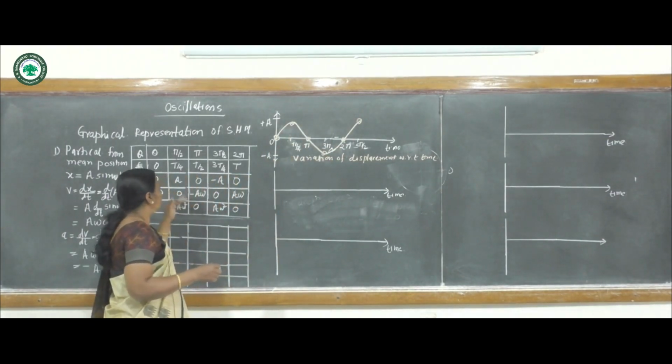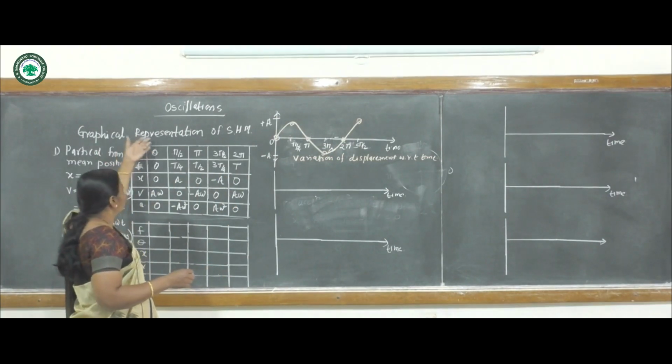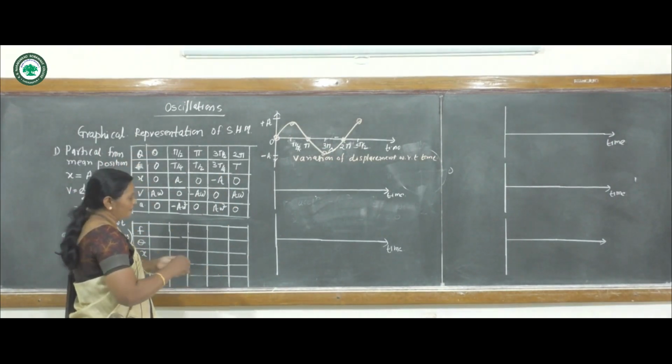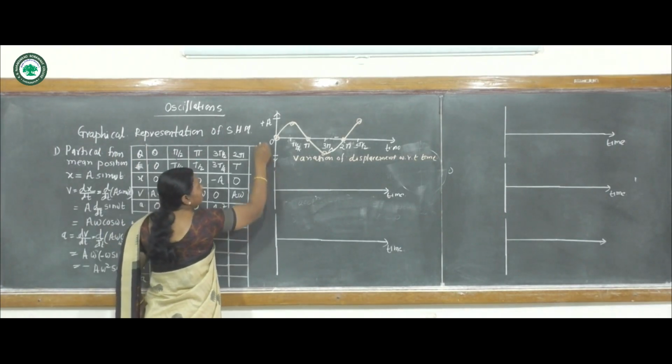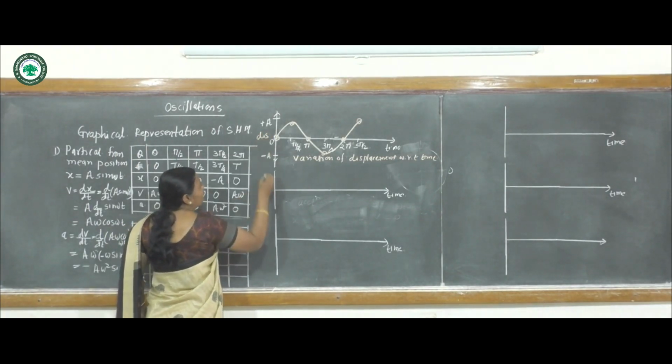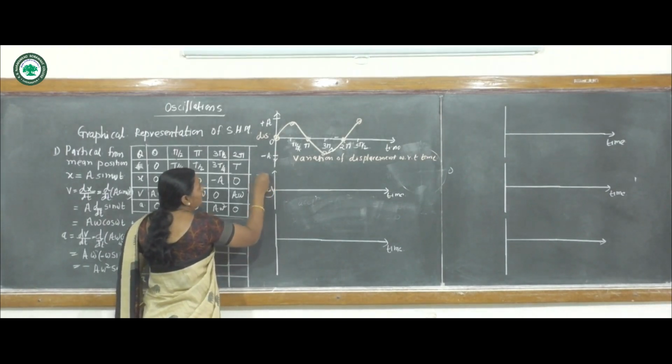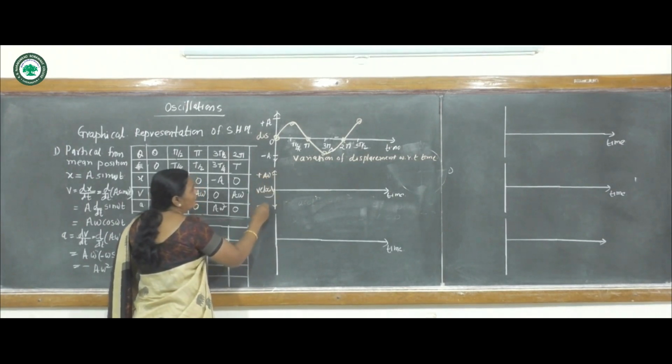Now next we show the graphical representation of velocity. The maximum and minimum value of velocity: this is displacement, then velocity. The maximum value of velocity is plus a omega, and the negative extreme value is minus a omega.